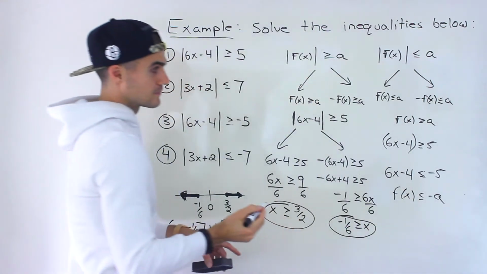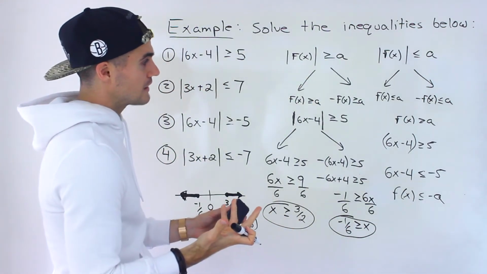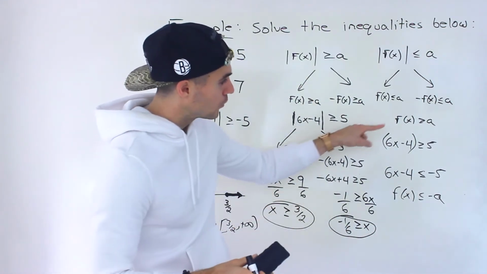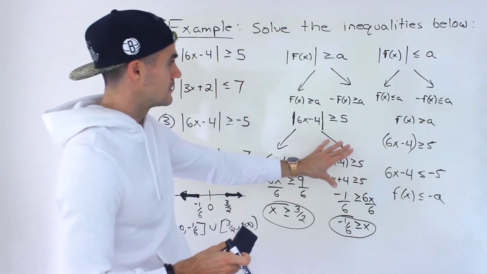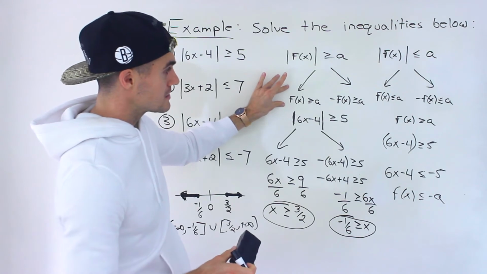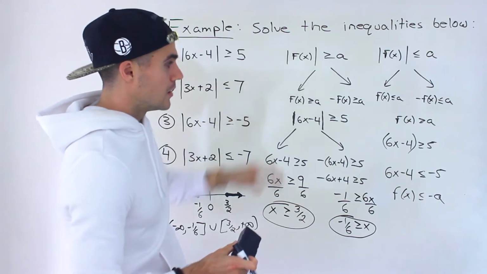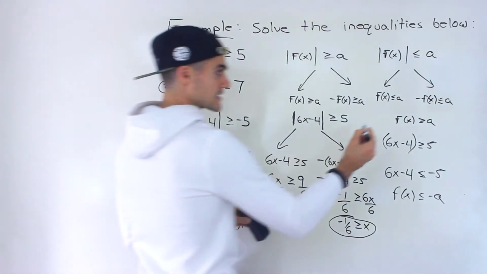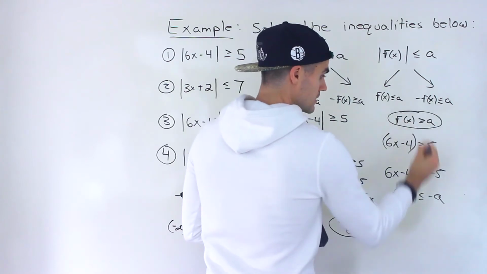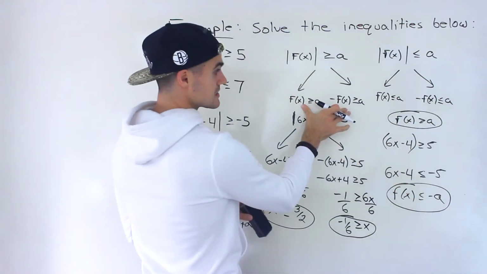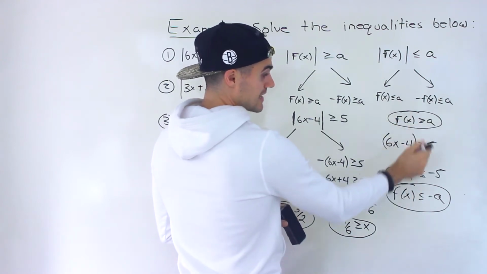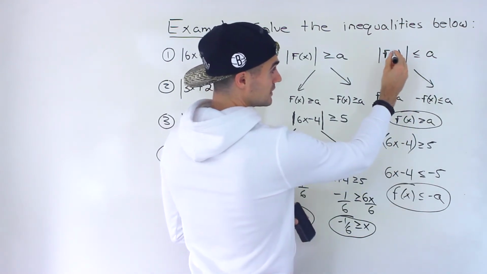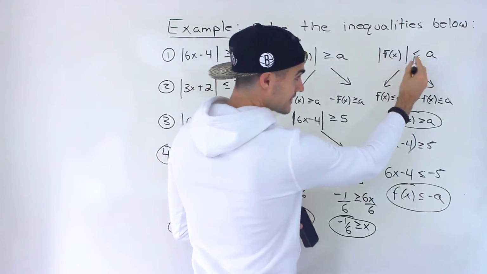Now, personally, I don't like to do it that way, because notice how now you got to worry about flipping that sign and then extra positives and negatives. I'd rather just keep it like this, personally. But some textbooks, some profs may take this case and split it up like this. And then this case is not going to be the same if we're dealing with the absolute value of f of x is less than or equal to a.